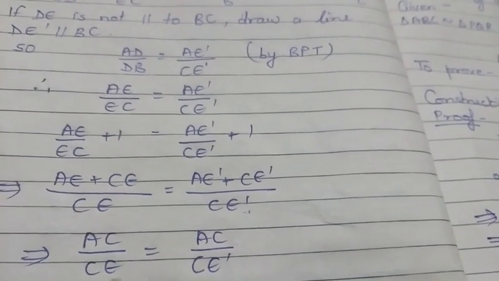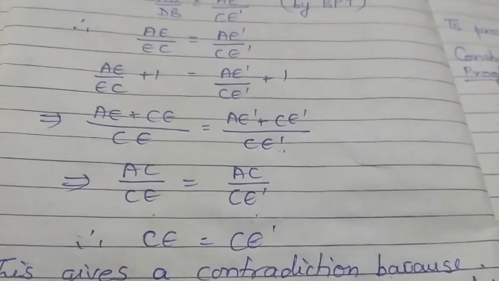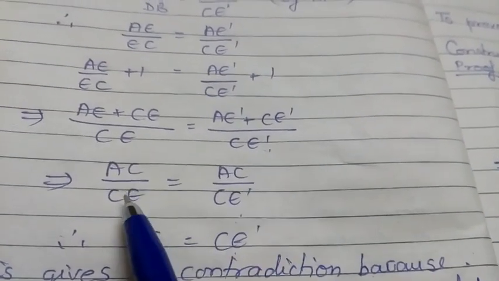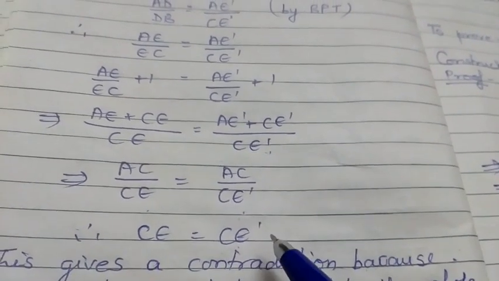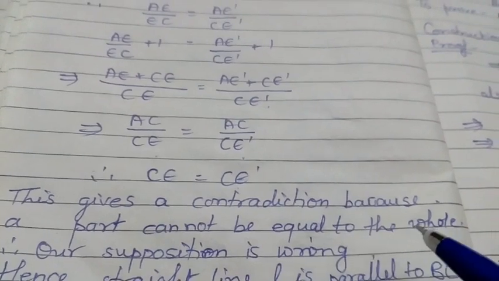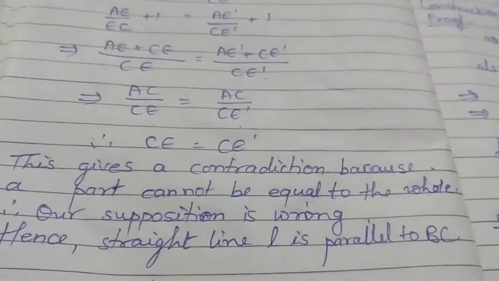When will this be possible? When E and E dash coincide with each other. Then CE equals CE dash. This gives a contradiction, because a part cannot be equal to the whole. The above supposition is wrong.